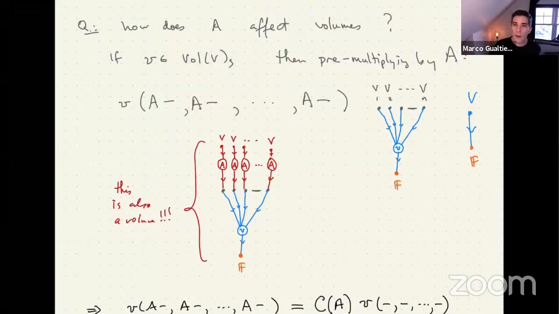Okay, but these volumes, they're kind of like dual elements, but they take n inputs. So sometimes what people do is they call the usual dual a one form. It's a function that has one input and then a numerical output. But this, you might call an n form because it has n inputs and it's linear in all n of the inputs.